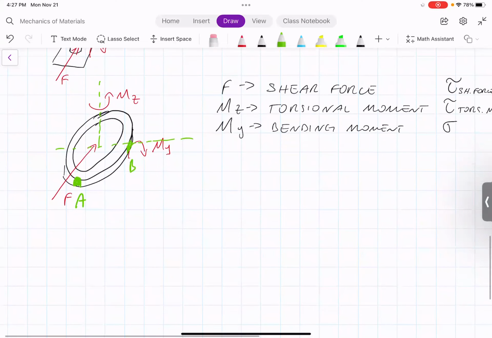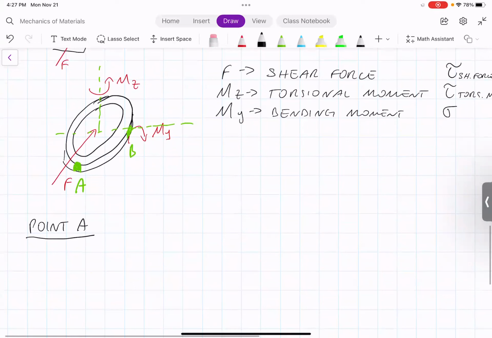So let's start by looking at what happens at point A. For point A, we for sure have the shear stress due to the torsional moment, because every time we have a torsional moment, all the points that are located on the edge of our shaft are subjected to a certain shear stress.